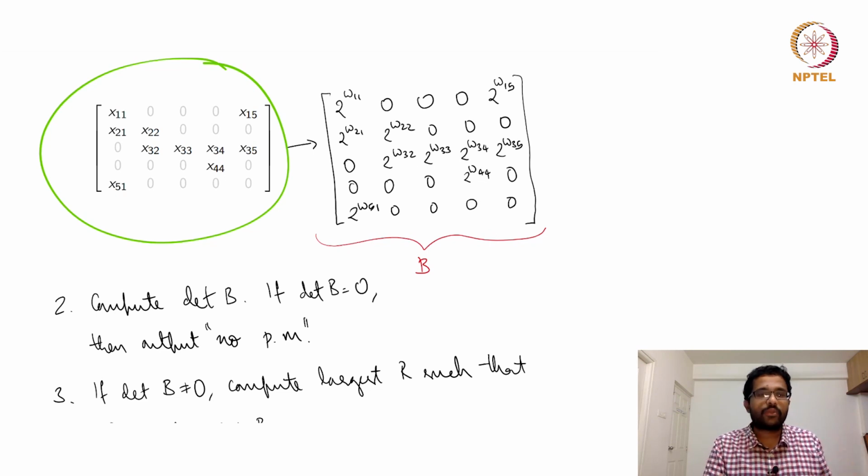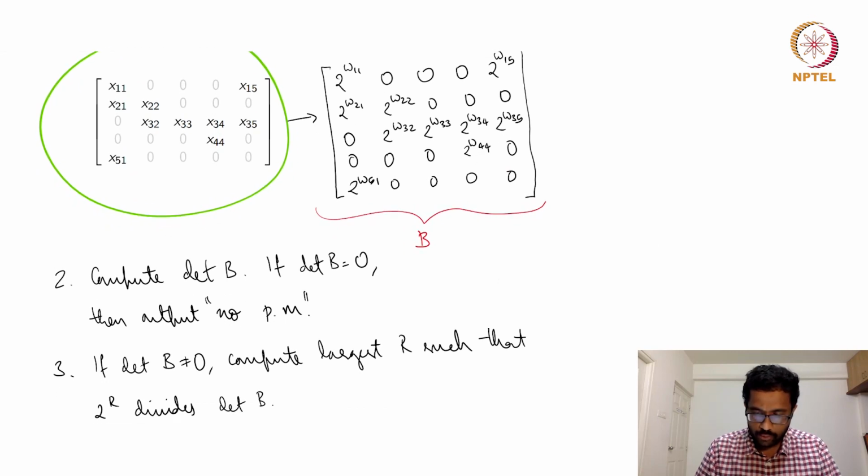I think I misspoke before. But it could so happen that there is a perfect matching, but still the determinant becomes 0 because some terms cancel each other. What we hope to accomplish using the isolation lemma is that the weights will be assigned in such a way that if there is a perfect matching, the chances of cancellation are very, very low, and that will be assured using the isolation lemma.